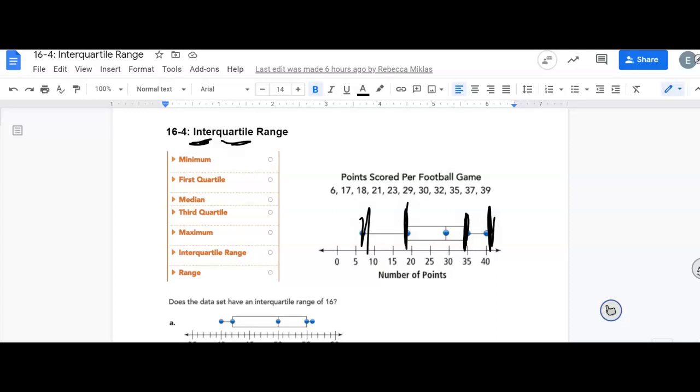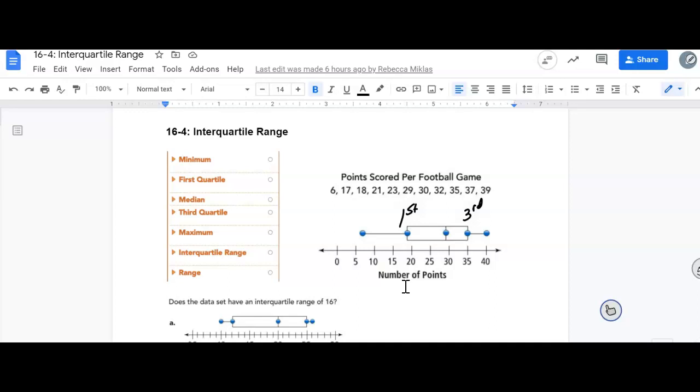So, I'll go ahead and point some of these points out to you so that you know them. Your first quartile is this point right here. So everyone go ahead and label that, please. It's your first quartile. This point is your third quartile.